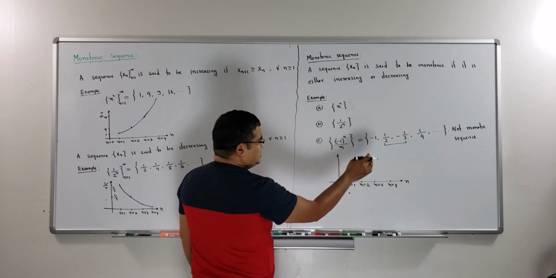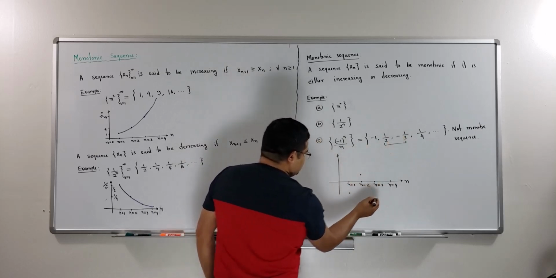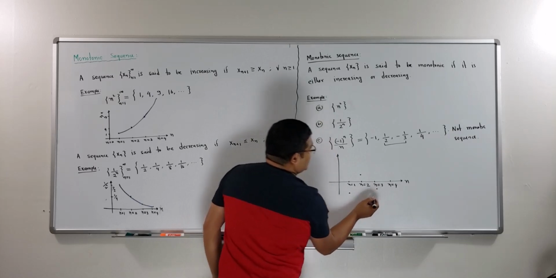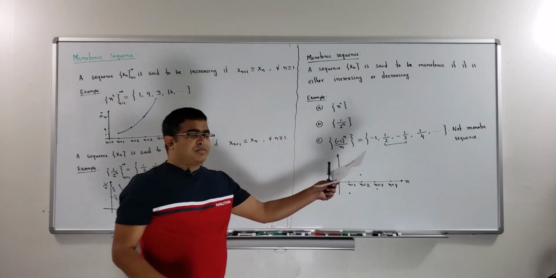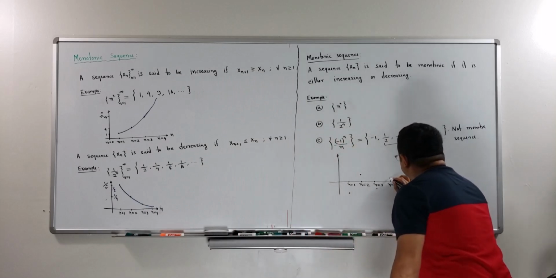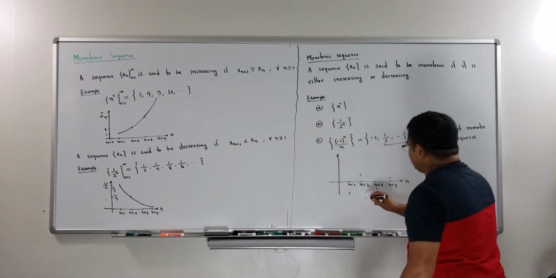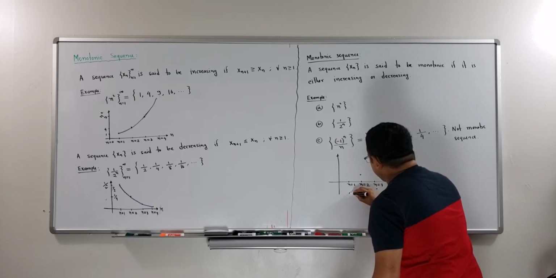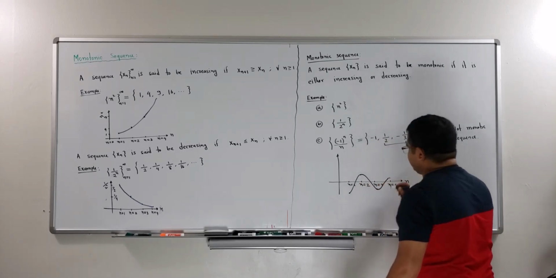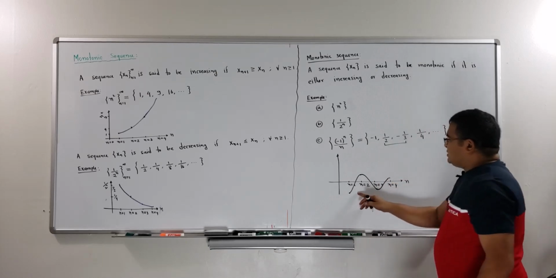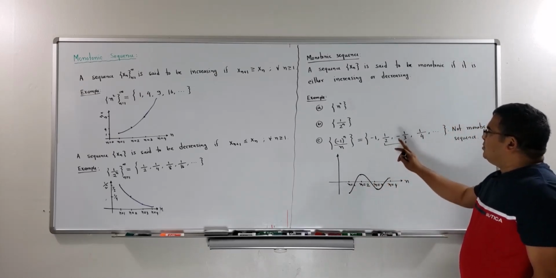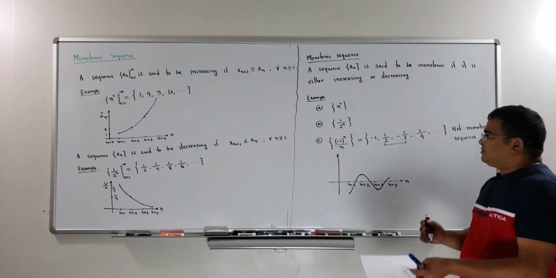When n is 3, it is negative 1 over 3, so it is somewhere here. When n is 4, it is 1 over 4, somewhere here. If you join this graph, it is not increasing or decreasing. So this is not a monotonic sequence. Thanks for watching.